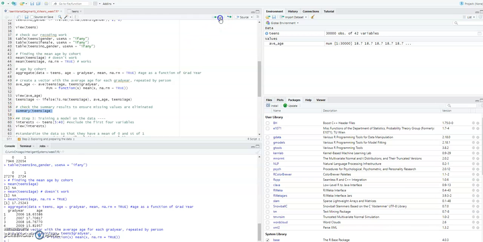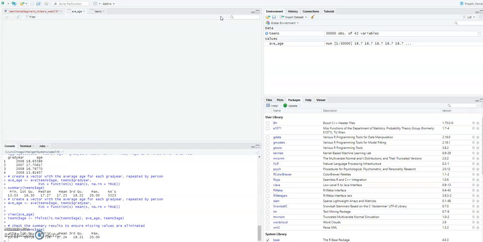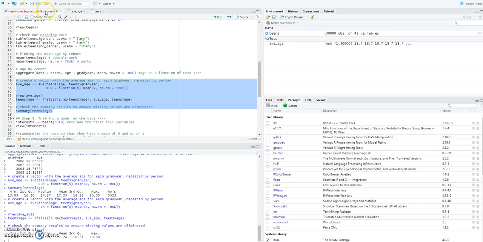So if you run the summary command, I need to run this first. Okay.